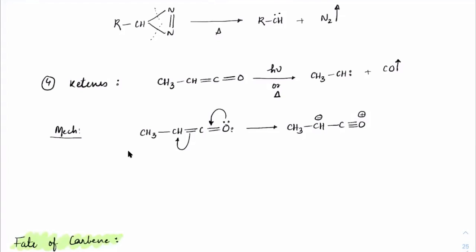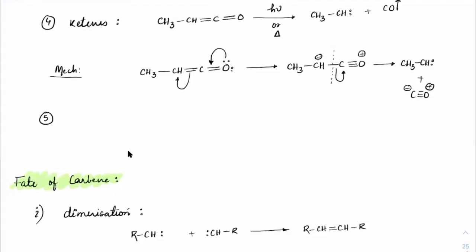And the minute we heat it further, this will dissociate and it will give the CH3, CH pair plus C triple bond O. This way it will split. Point is clear? Here it is a heterolytic cleavage. C minus will take away the electron and become CO gas.